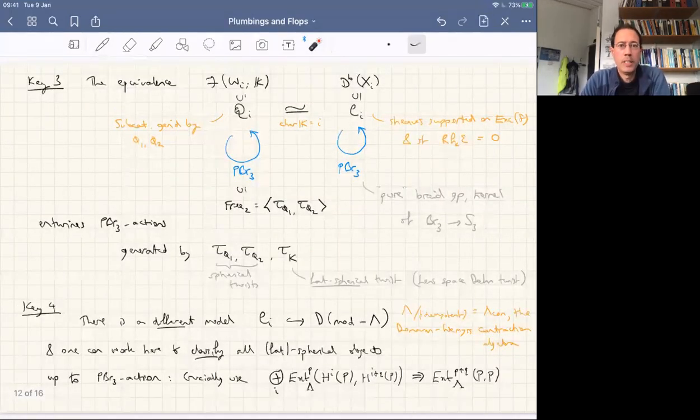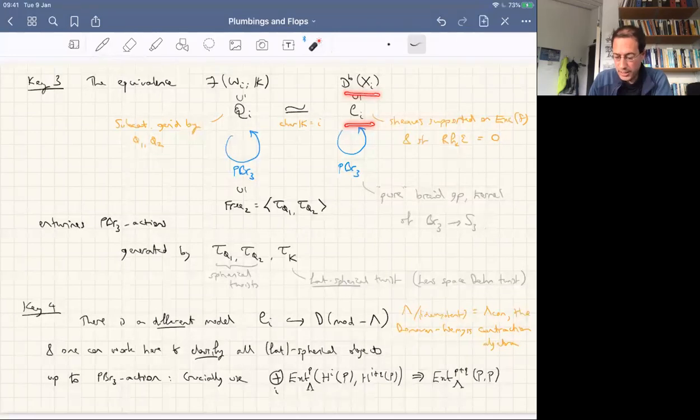Okay, so we have 2 little categories. There's a category I'm calling Qi. It's the part of the Fukaya category of my threefold Wi, which is generated by these 2 3-spheres I started with. I also have a category Ci, which is part of the derived category of this threefold resolution. Okay?